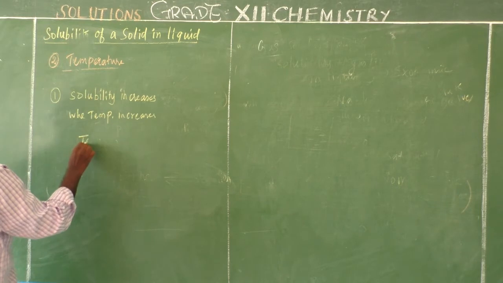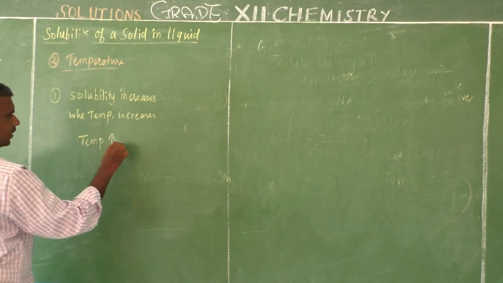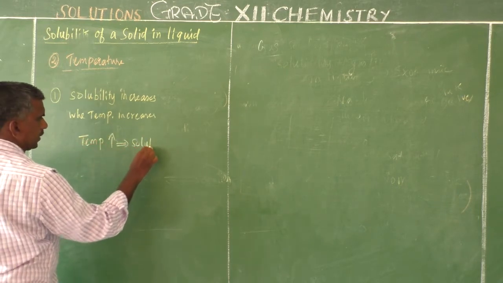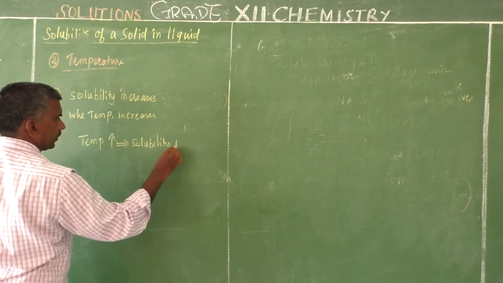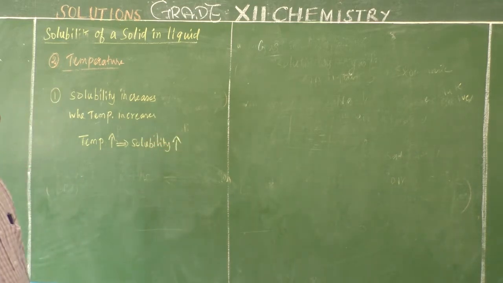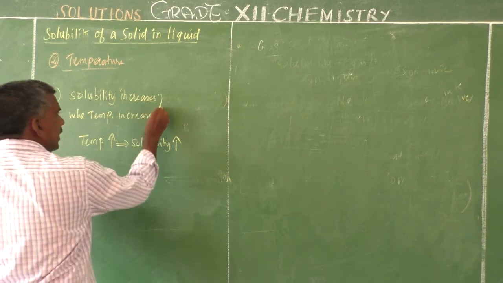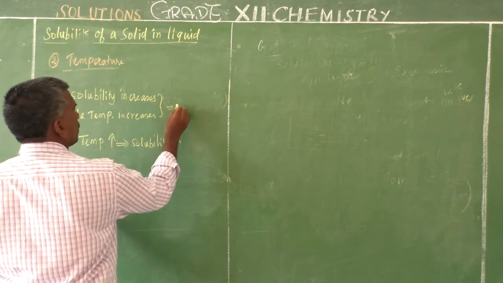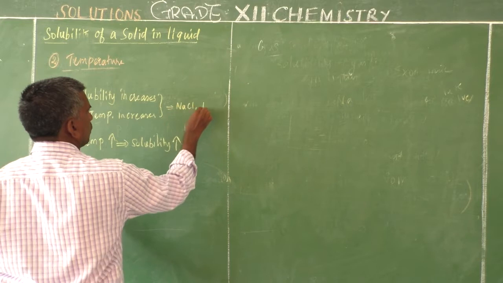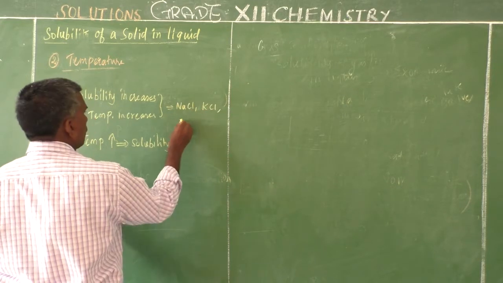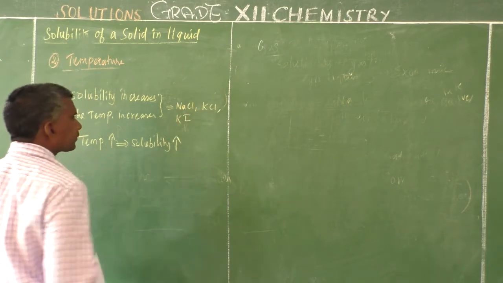Temperature increasing, solubility increasing. Examples: sodium chloride, potassium chloride, potassium iodide.